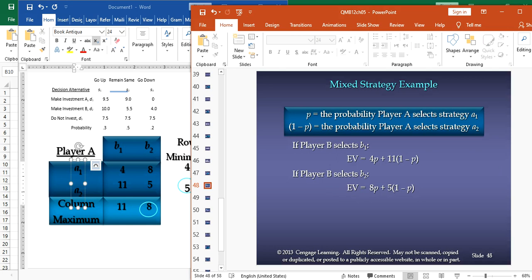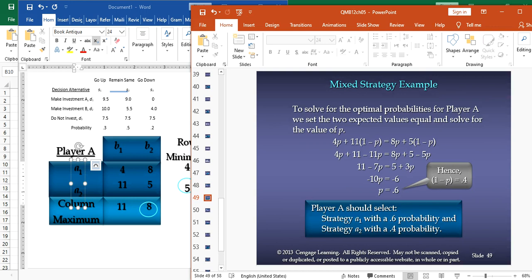So we equalize these two and get the best choice as it's given here. 4p plus 11 times (1 minus p) equals 8p plus 5 times (1 minus p).